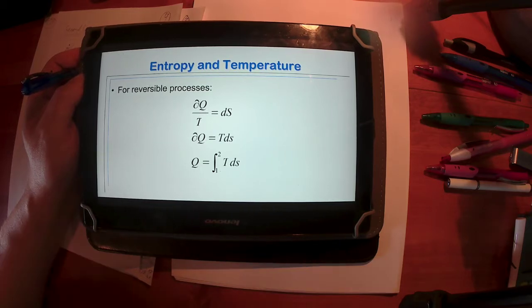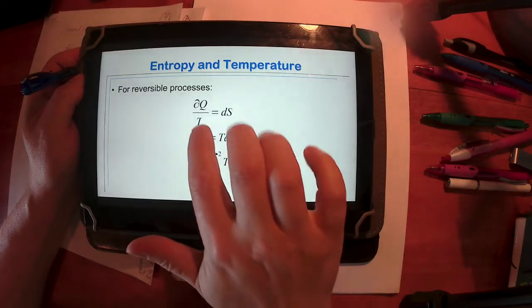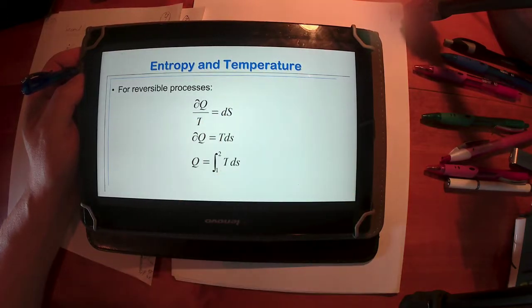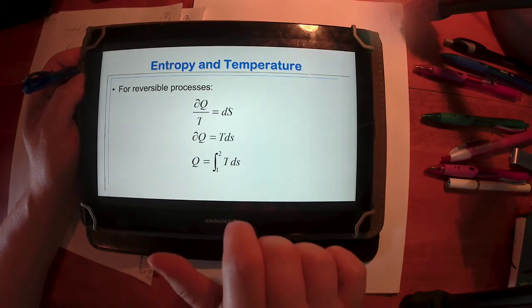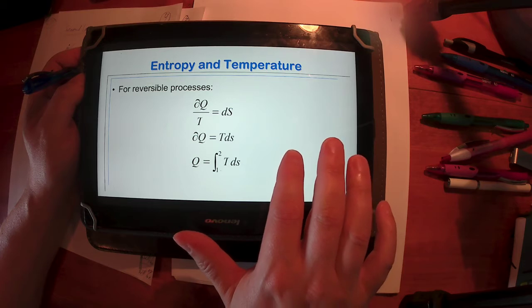If I move this differential equation around just a little bit, if I just move temperature over to the other side of the equation, that is dq is equal to the temperature times ds. And if I integrate both sides of this equation for a process from state 1 to 2, assuming the process is reversible, the heat is equal to the integral of temperature with respect to entropy.